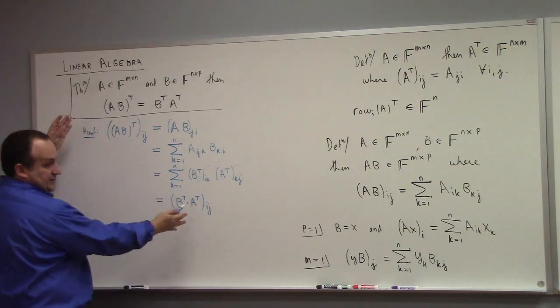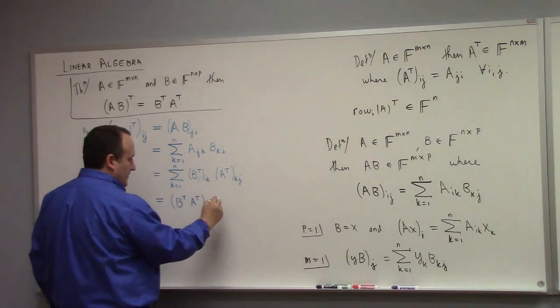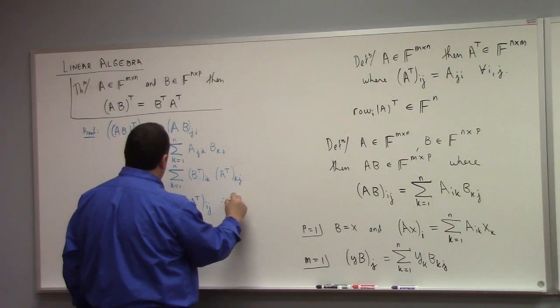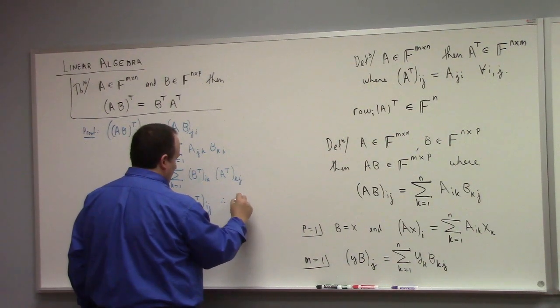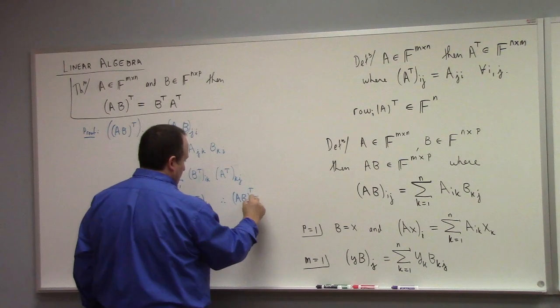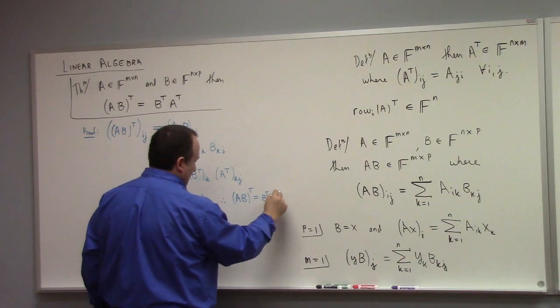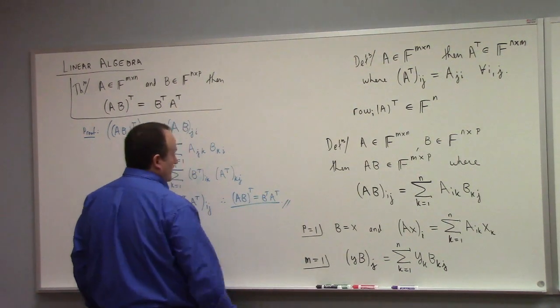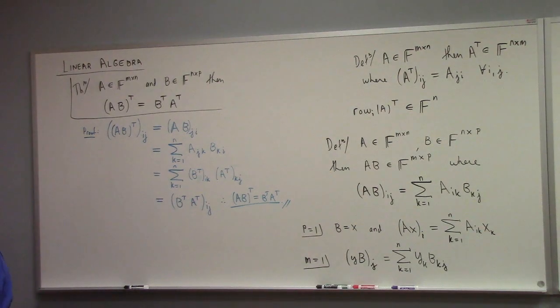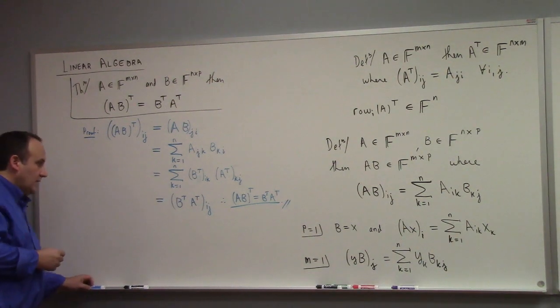Since this holds for all ij, therefore, (AB) transpose is B transpose A transpose. This is the so-called sock shoes formula, right? Any questions? No. Okay.